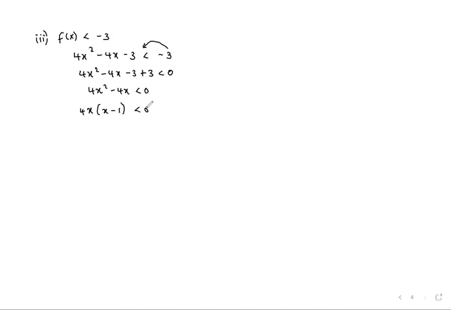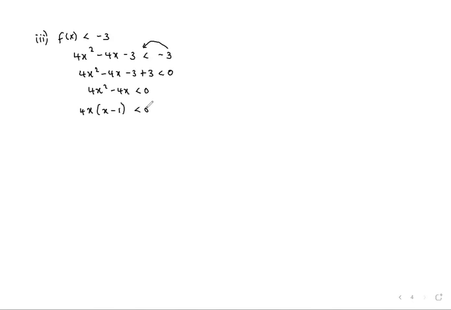So the function we have is 4x squared minus 4x minus 3. Now it must be less than negative 3. If we take this to the other side, you have 4x squared minus 4x minus 3 plus 3 less than 0. So 4x squared minus 4x is less than 0. If you factor out 4x, you have x minus 1 less than 0.